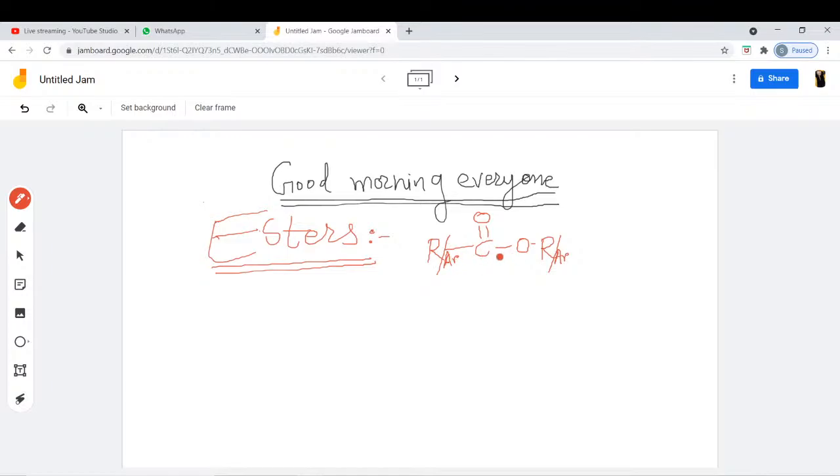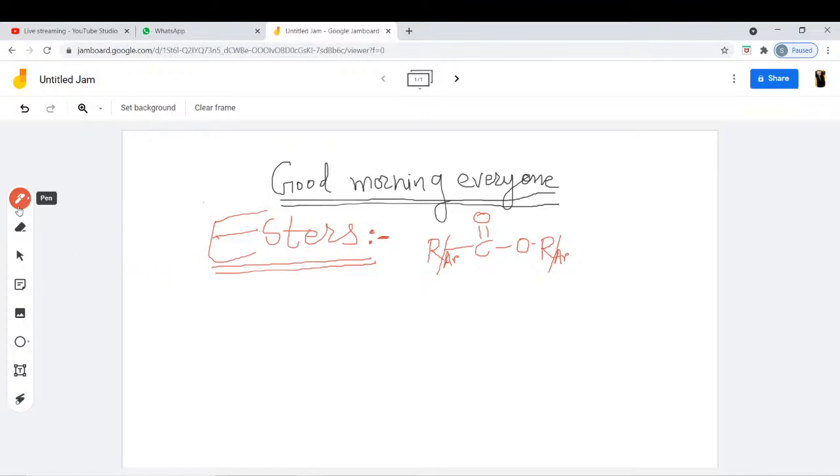So these are the derivatives of carboxylic acids where the hydrogen atom of the carboxyl group is replaced by alkyl or aryl group. These are nothing but the esters. Esters also have a characteristic odor, smell and taste. They have characteristic properties.